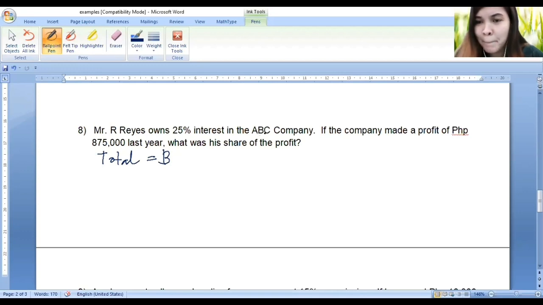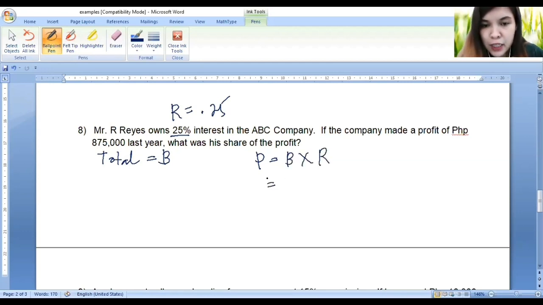So alam natin pag amount, part of a whole, so that is always percentage. We're looking for the percentage. So 25% rate converted into decimal, so 0.25. What was the formula for percentage? Base times rate. So, substitution, total earnings ng company ay 875,000 pesos times 0.25.